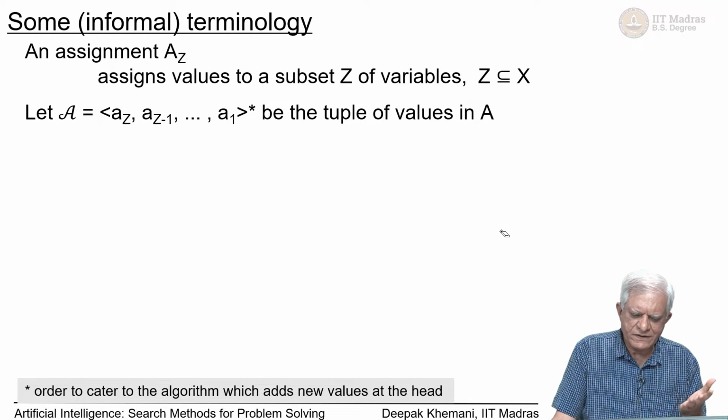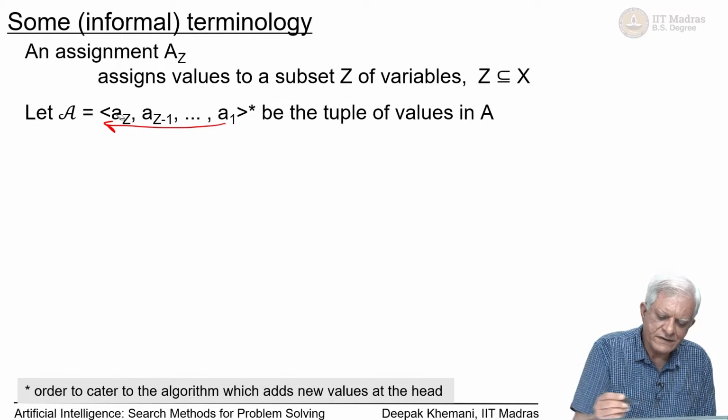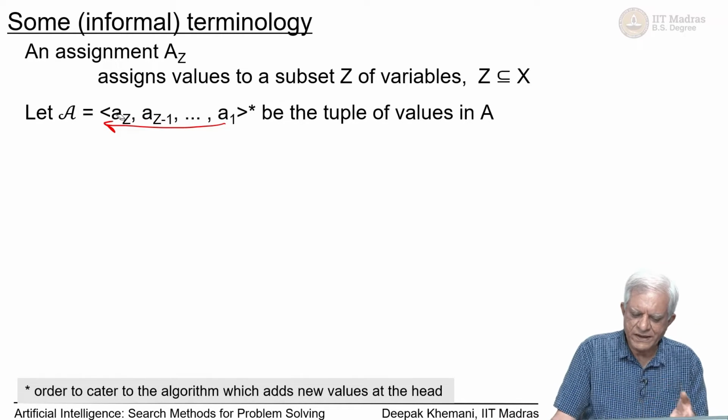Very often we use A for an assignment, and we could write something like this, reading from right to left: A_1, A_2, up to A_(Z-1), A_Z. So, assuming that we have taken these Z variables, we assign a value to the first one, to the second one, and so on.